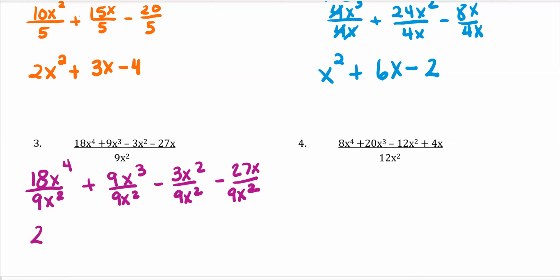X to the 4th divided by x squared. 4 minus 2 is 2, so you get 2x squared plus x minus 1/3 minus 3 over x.